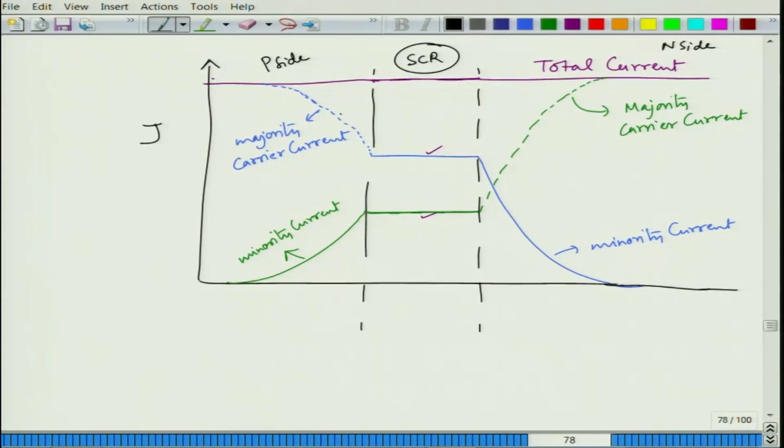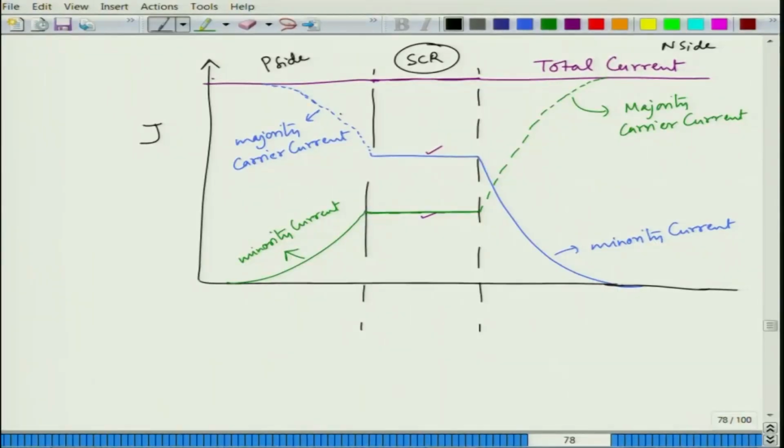In the space charge region, the majority carrier contribution does not exist, so the minority carrier contribution just stays the same, and from there we continue in the other side of the quasi neutral region.